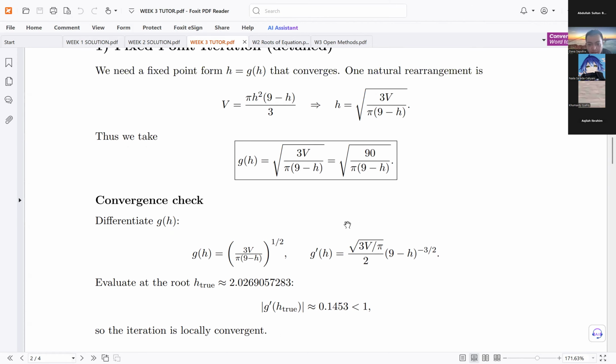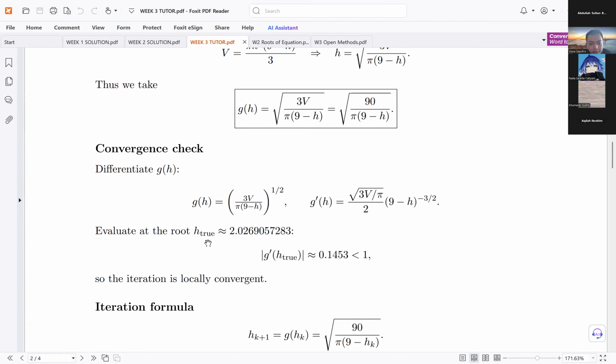We evaluate it at the true root value, and if the absolute value of d per dx is less than 1, the iteration is locally convergent. This is just a check.